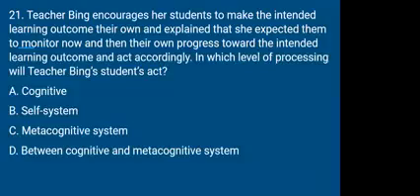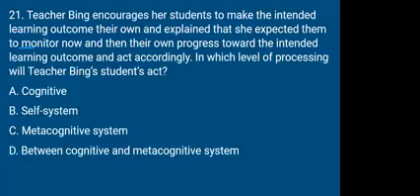In which level of processing will Teacher Bing's students act? Is it letter A, cognitive? Letter B, self-system? Letter C, metacognitive system? Or letter D, between cognitive and metacognitive system?